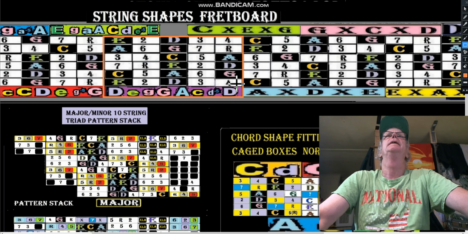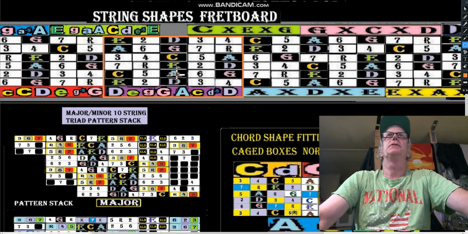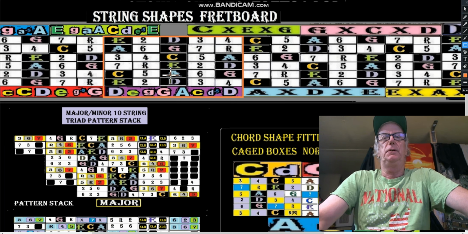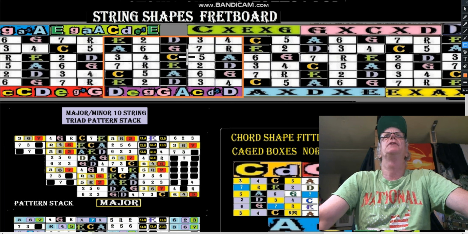A is dead center. You notice the A is kind of a symmetrical numeral, and you've got symmetry on both sides there, 5 and 6. Now the E is skewed to the left, so we've got 7 root on the left. The C, we've got the same thing, and then 1 note on the right of each of those. G and D are skewed to the right.